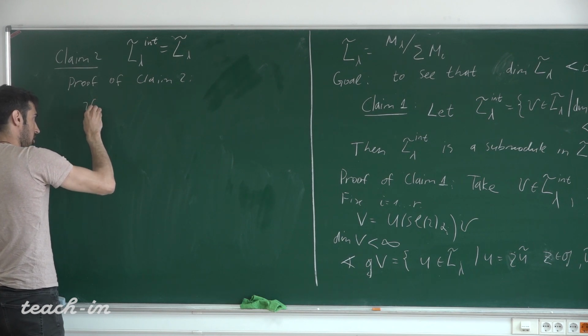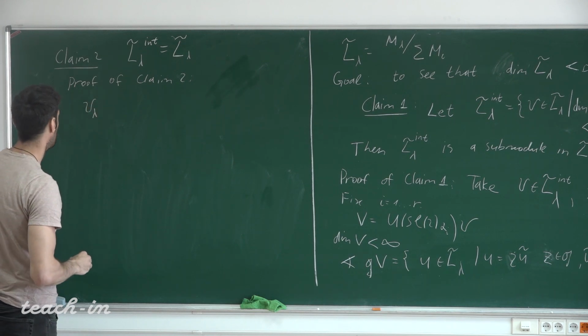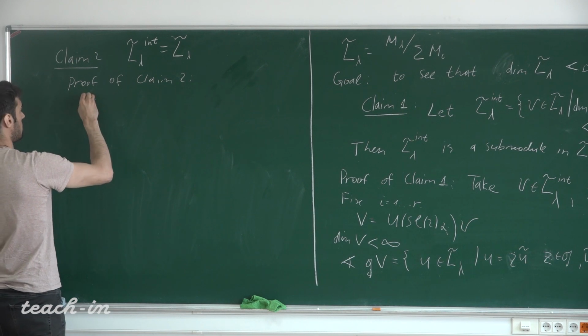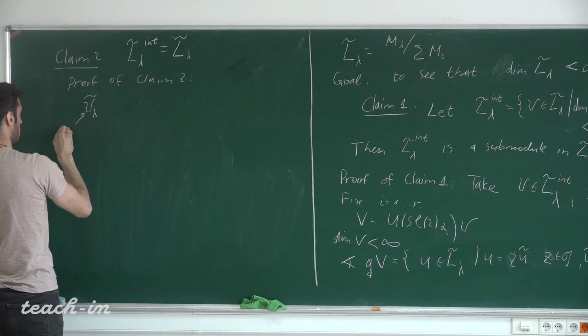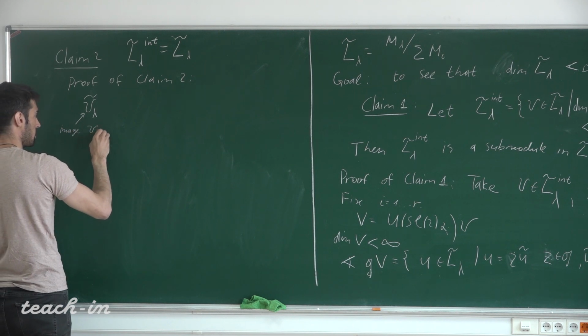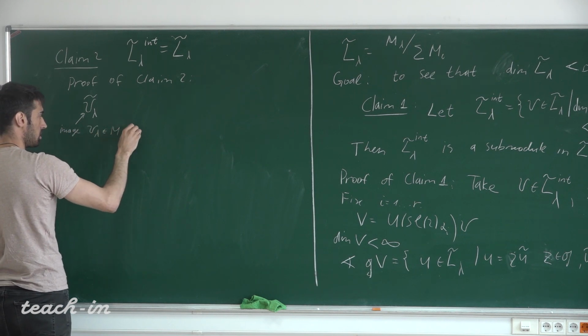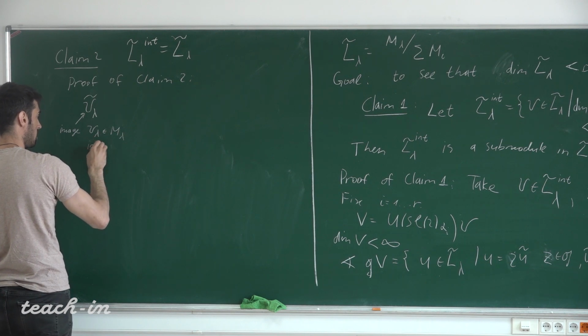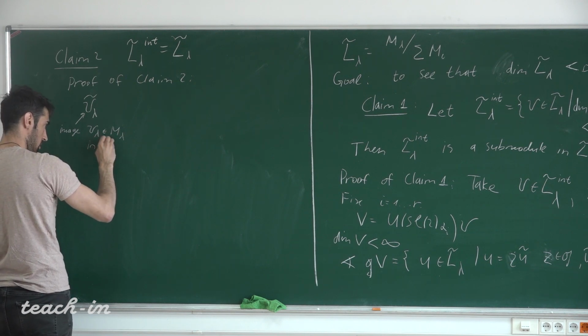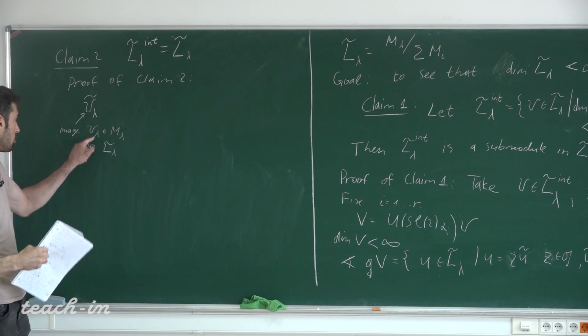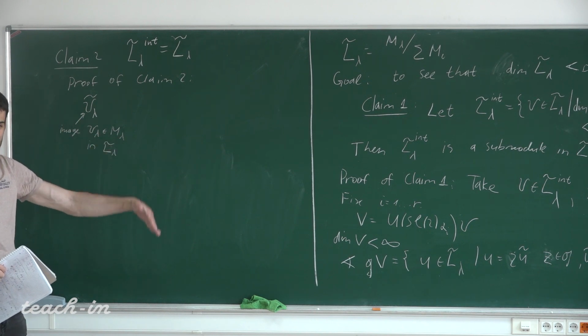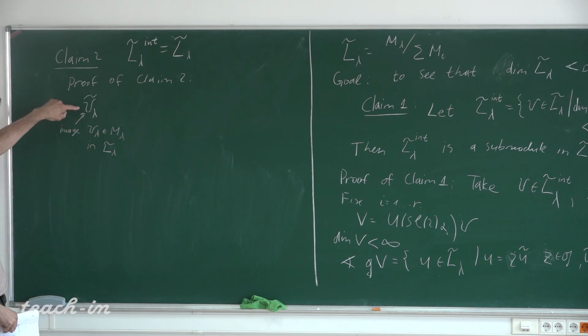I argue that v lambda tilde, so this is the image of the highest weight in M lambda in L lambda tilde, right? So I take the highest weight in M lambda, take the quotient. What is left, I denote by v lambda tilde.